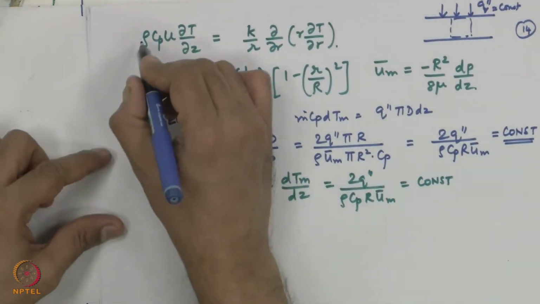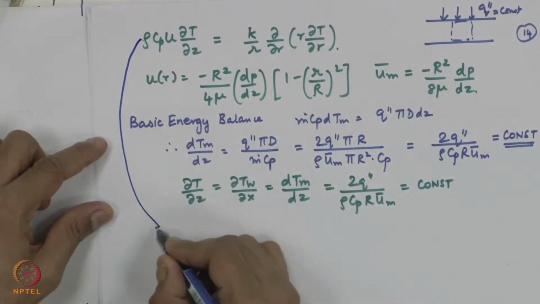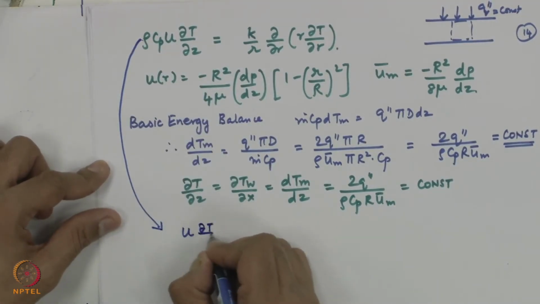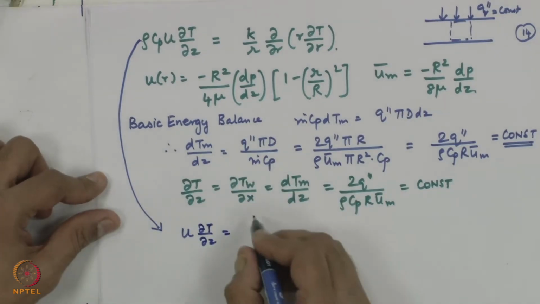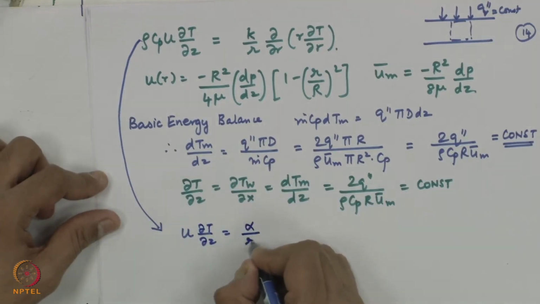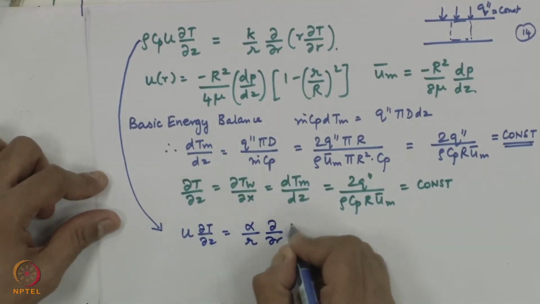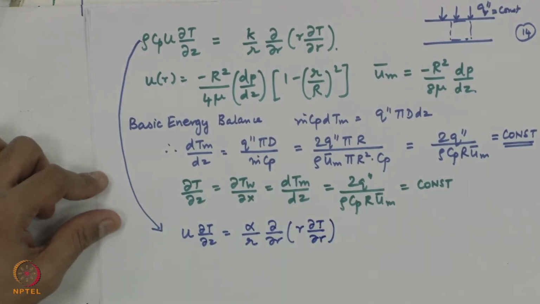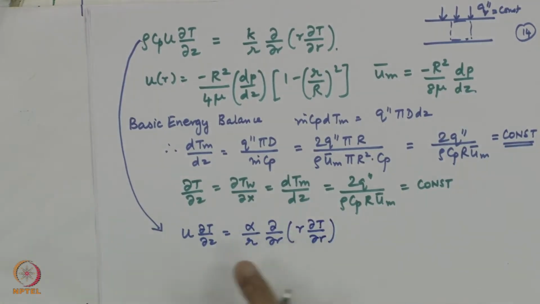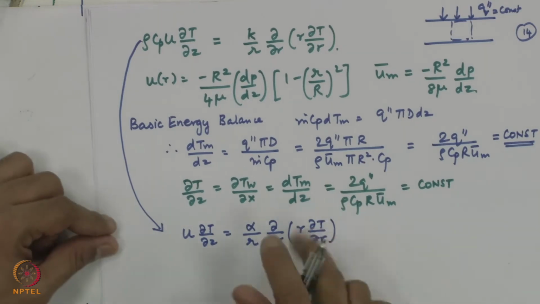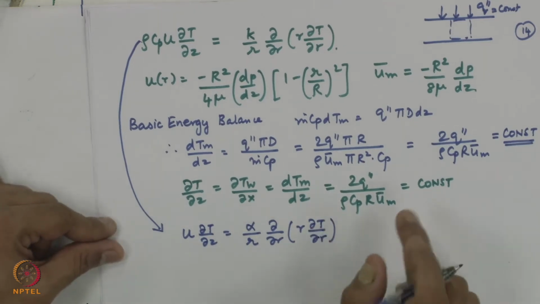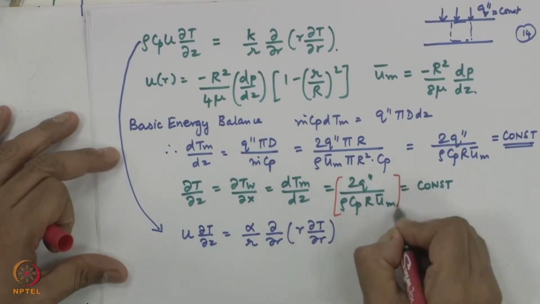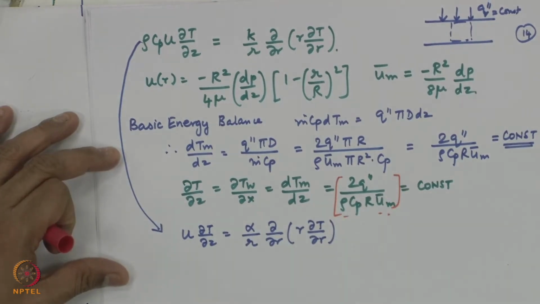So, let me go to this energy equation. This is nothing but u dT/dz is equal to k over rho Cp, which is alpha, so alpha by r d/dr of r dT/dr. Nothing can be changed here except that we substitute now. So, I substitute for dT/dz as this quantity.